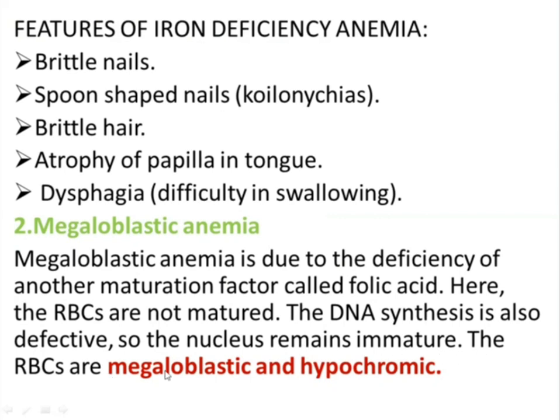The RBC are megaloblastic and hypochromic. What will happen in the megaloblastic anemia? The folic acid synthesis does not occur. DNA synthesis depends on the folic acid, right? The folic acid deficiency causes this megaloblastic anemia, right?